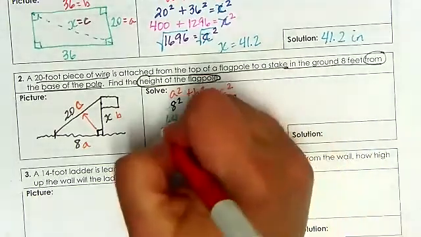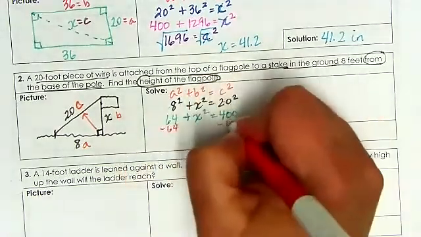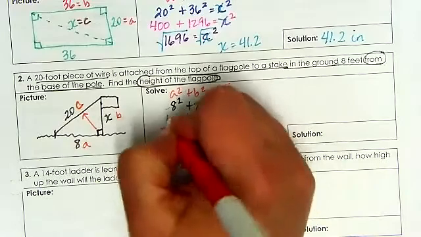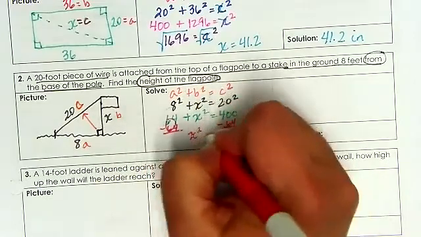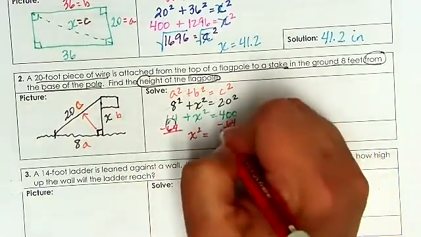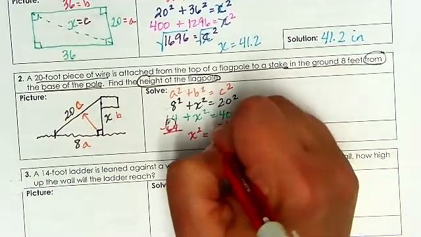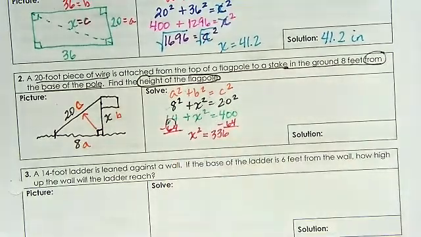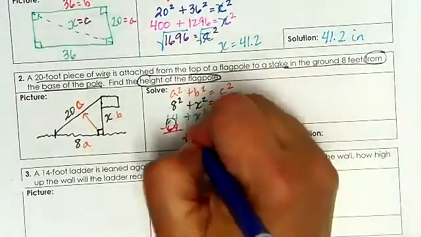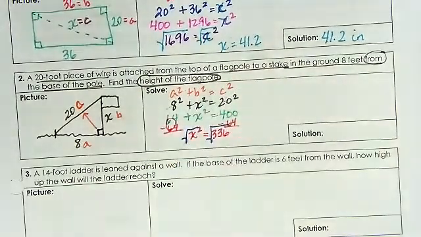We subtract 64 from both sides, and we get X squared equals 336. And we take the square root of each side.